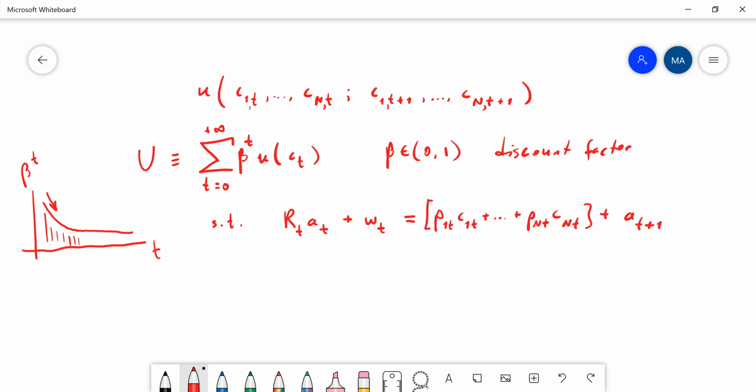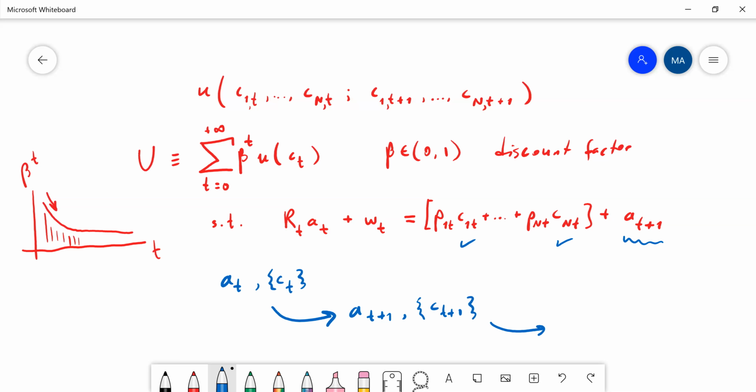Obviously, this problem is a bit harder to solve. All right, because I want to choose once again consumption levels, but also I want to leave a particular amount of assets to the future. Why is that important? Because today's asset stock and my consumption decisions today will affect my asset stock tomorrow. Then my consumption decisions tomorrow will affect my asset stock in 2 periods ahead.